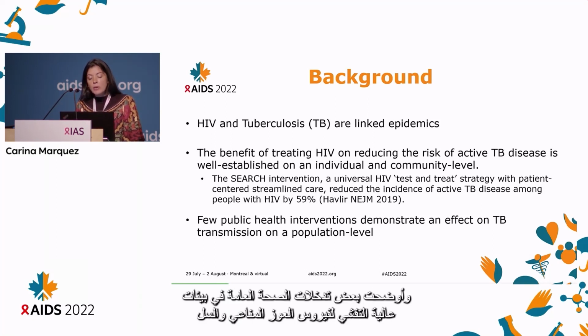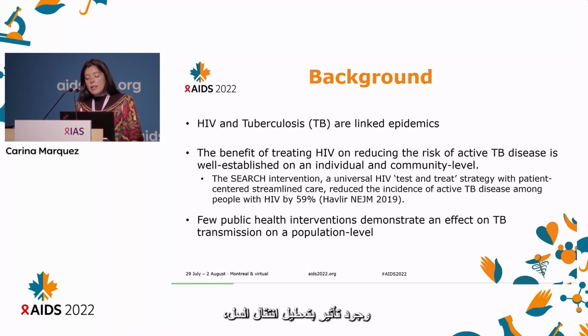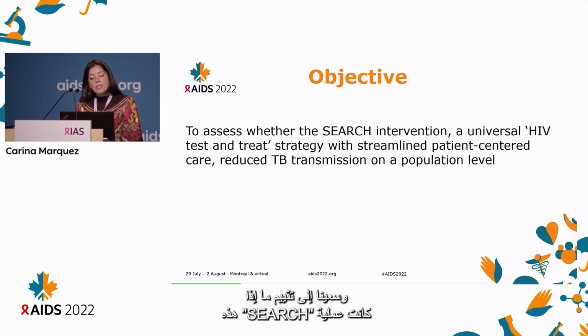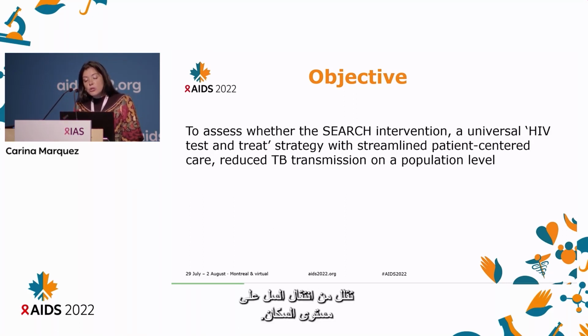And few public health interventions in HIV and high TB burden settings have demonstrated an effect on interrupting TB transmission on a community-wide level, a population level. So it was with these questions in mind that we sought to assess whether the SEARCH intervention reduced TB transmission on a population level.